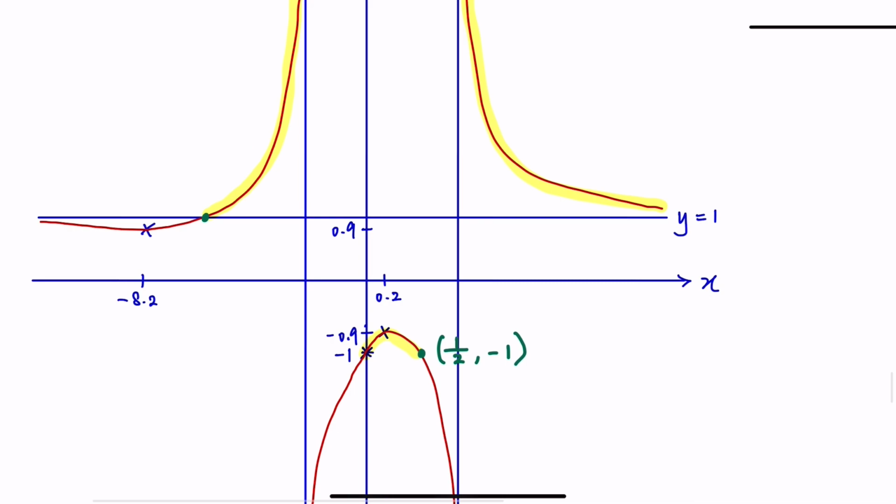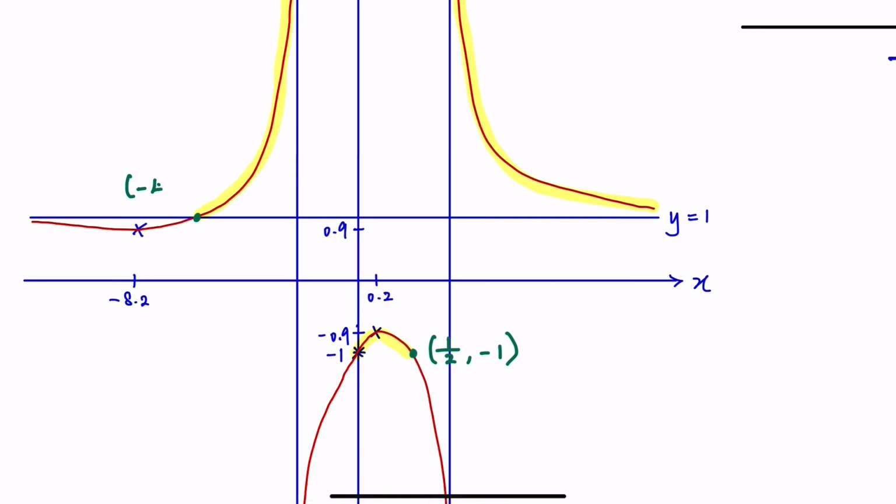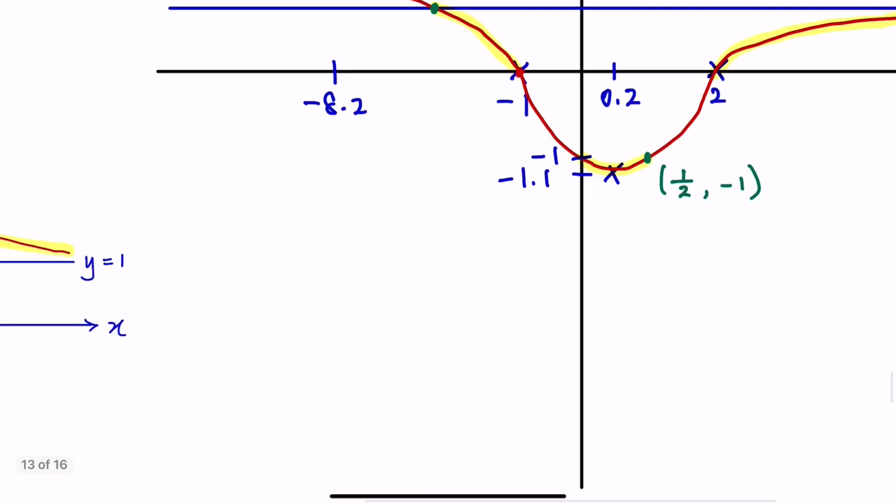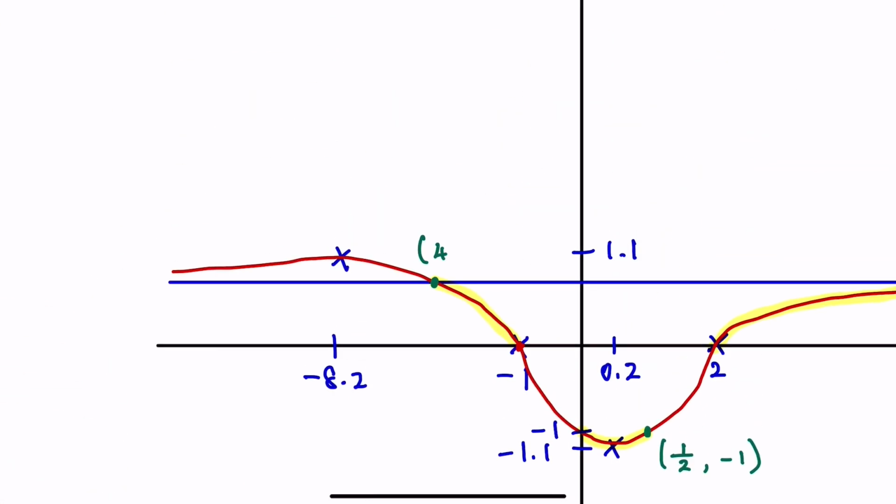So this would be minus 4, 1, and this is also minus 4, 1.